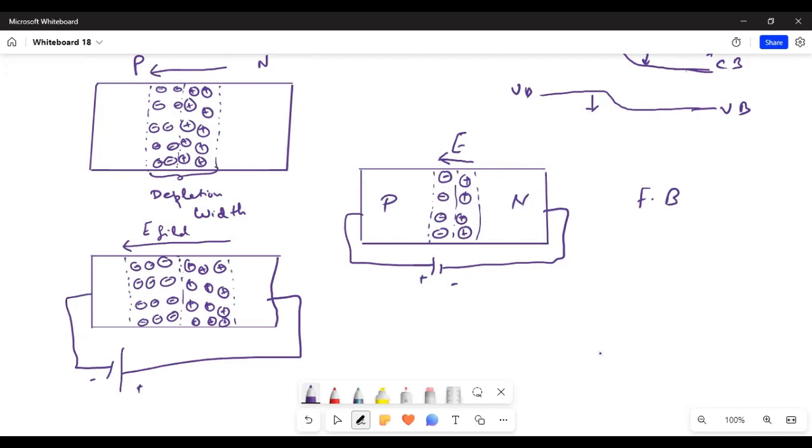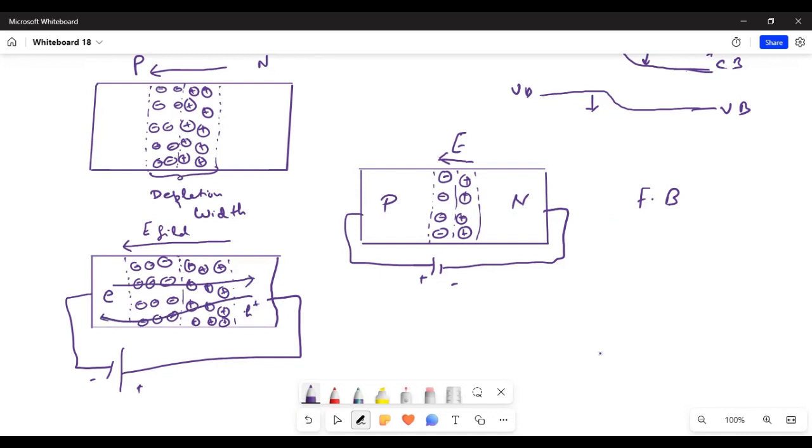Now what will happen? There is actually no flow of majority charge carrier holes on this side, but the electrons that were there will go to this side, and the holes that are present will flow to this side.